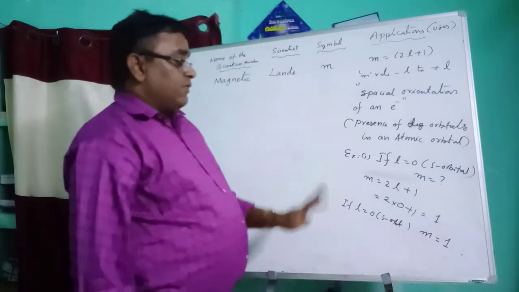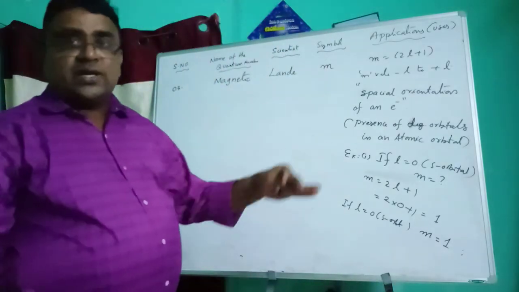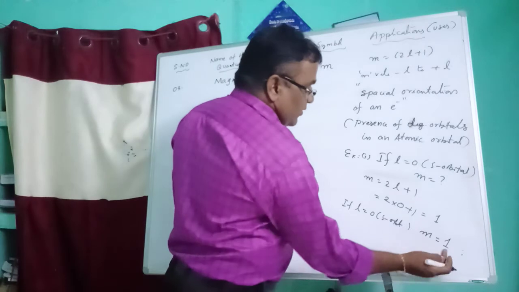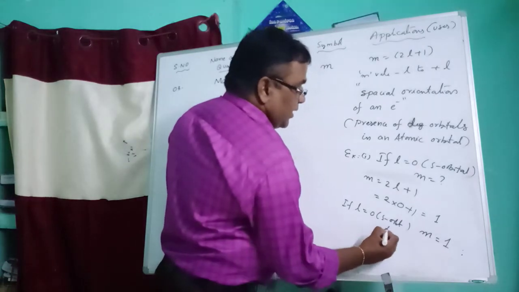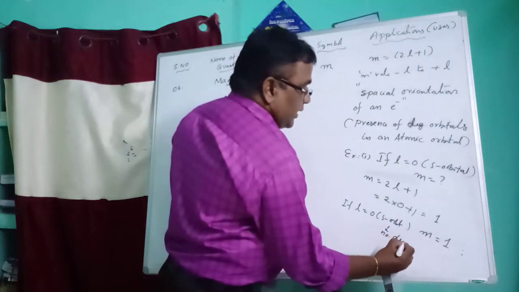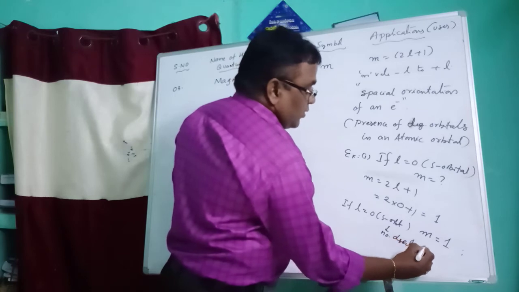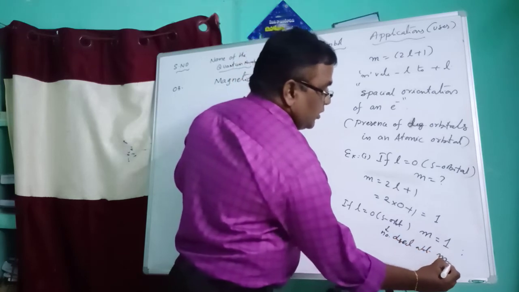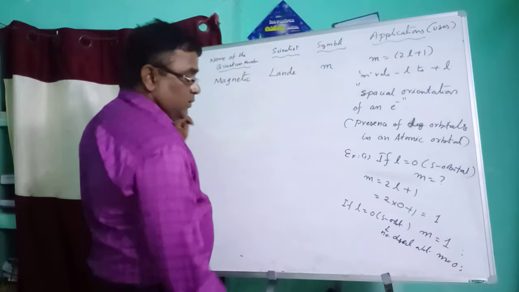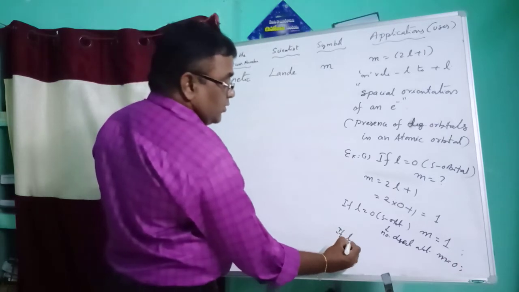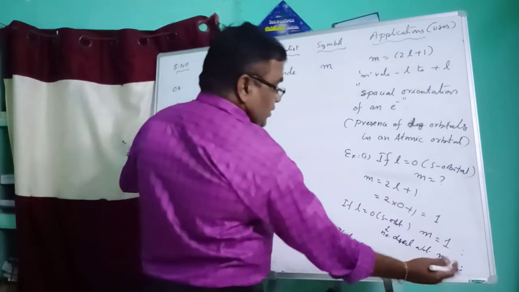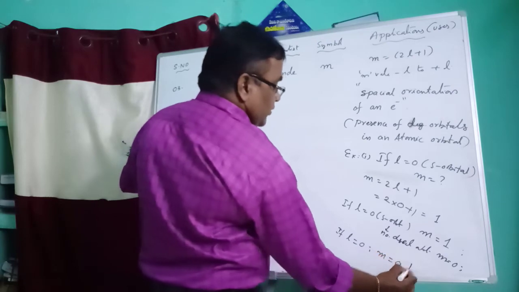That means for s orbital there are no suborbitals, no degenerate orbitals. So M value is equal to 0.